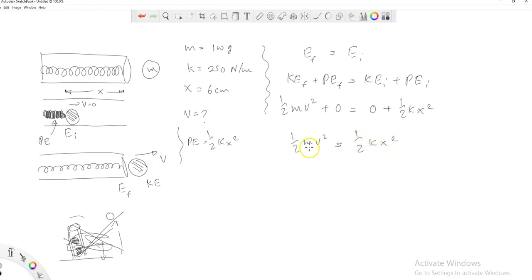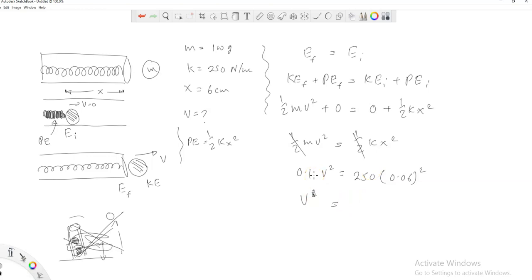Here's a situation where mass is important, it doesn't get cancelled out. So now we have to plug in the numbers, we can actually get rid of the halves. 100 grams is 0.1 kilograms, so v squared times 0.1 equals 250 times 6 centimeters, that is 0.06 meters, squared. So v equals, we can do the math and figure out what v is.